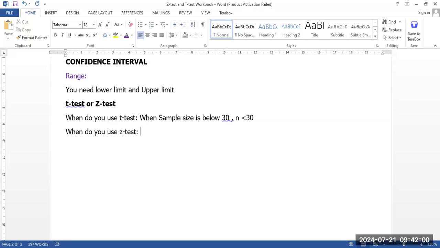Then we use z-test when the sample size is 30 or above, n is greater than or equal to 30. So I will be asking you now, are we going to use t-test or z-test?